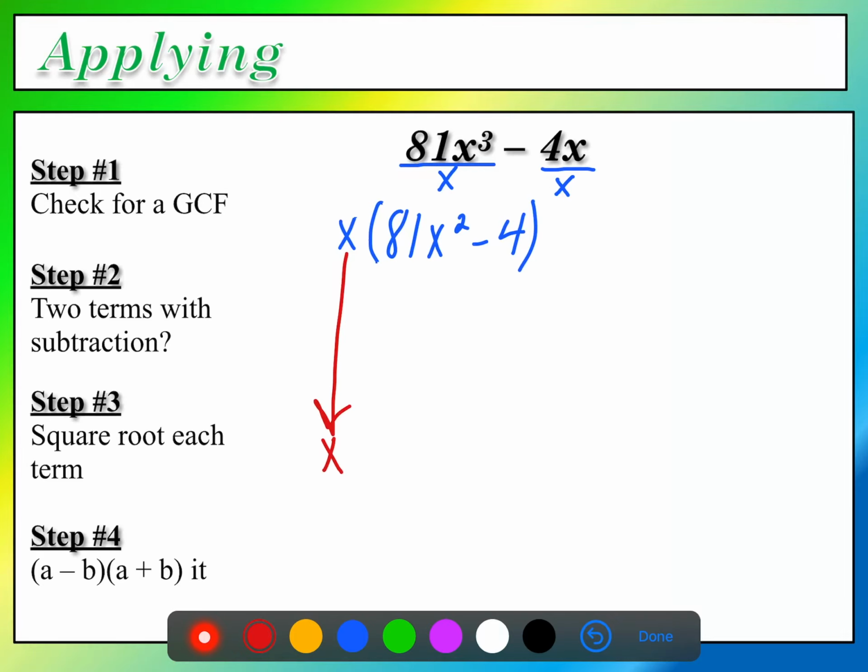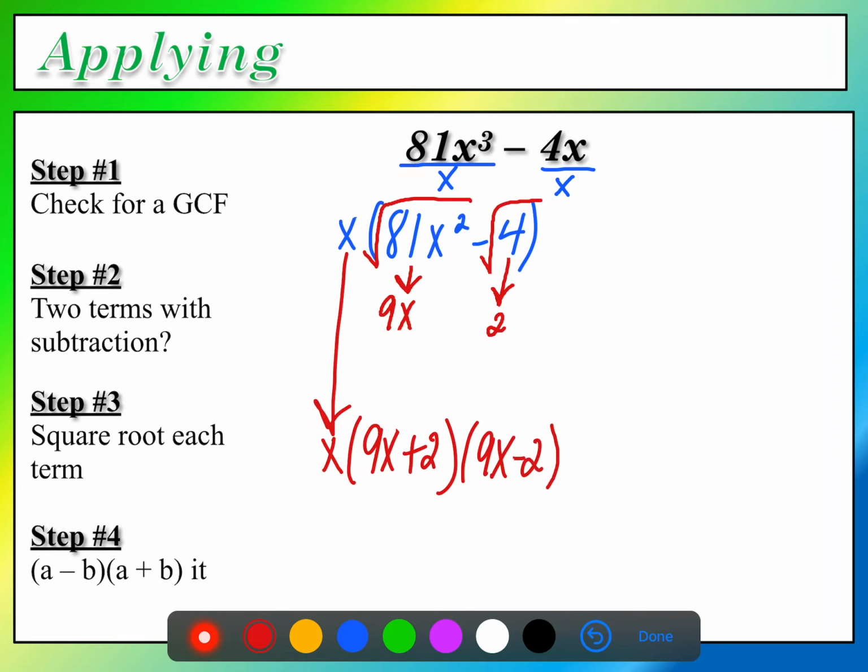GCF always gets dropped to the bottom. And now I'm going to square root these. So this is 9x, and this is 2. In addition to my GCF, I have my two factors.